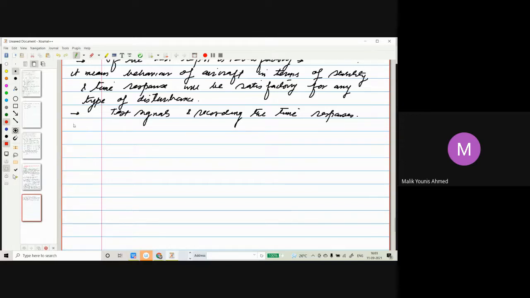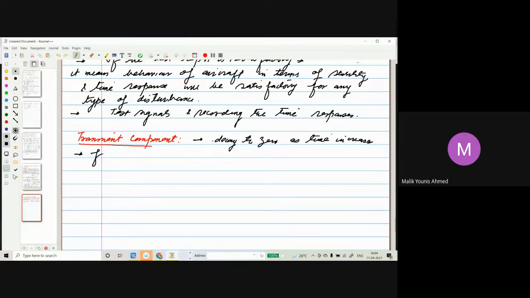It's a function of system dynamics and is independent of input quantity.